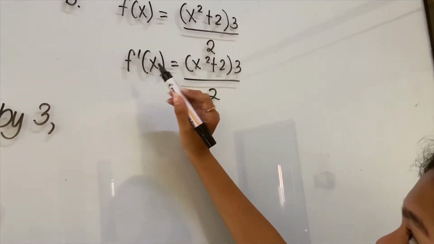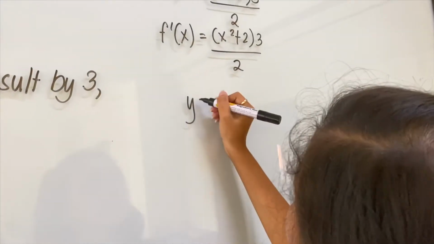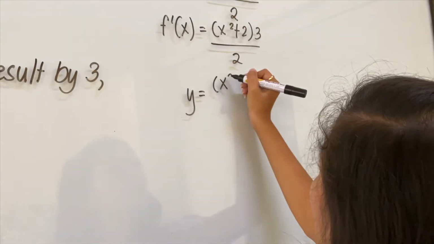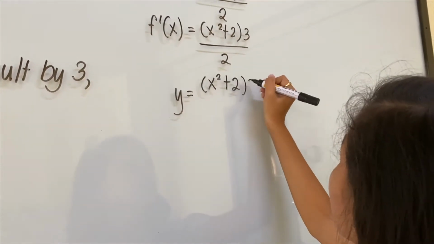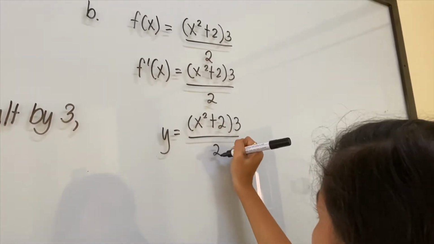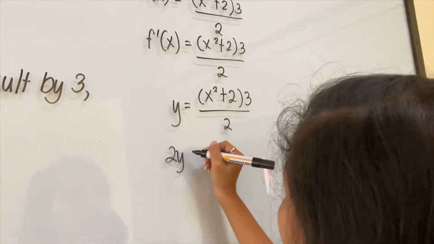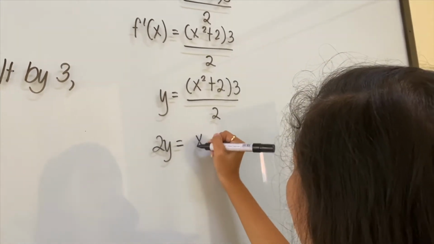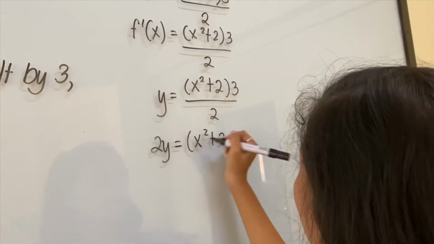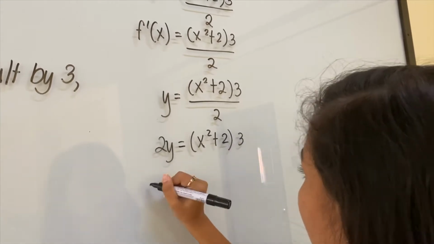Change the f prime of x to y. So cross multiply, you will get 2y equals x plus 2 squared times 3.